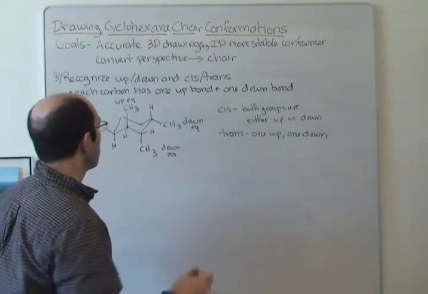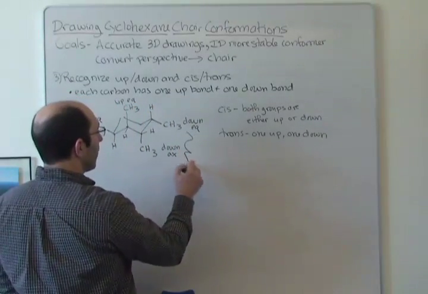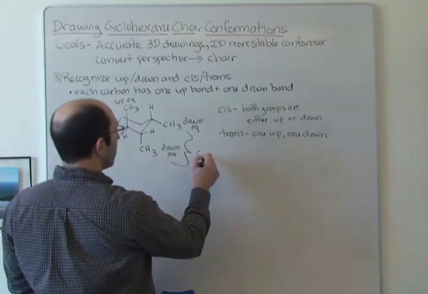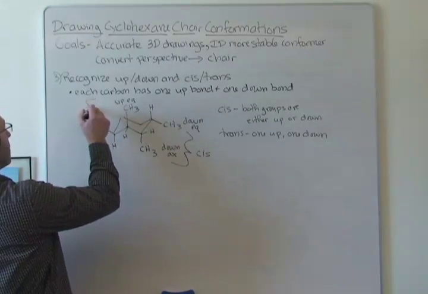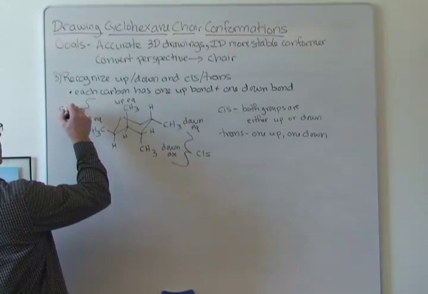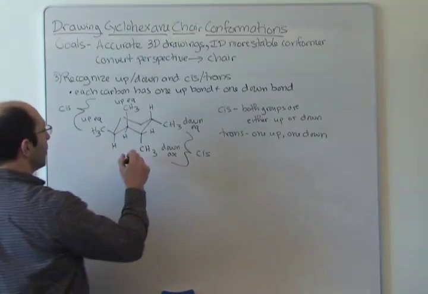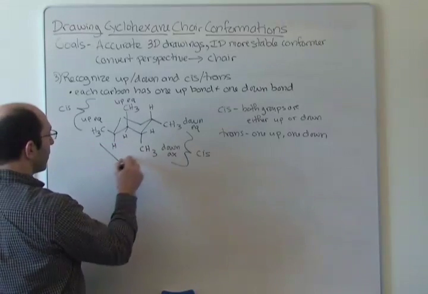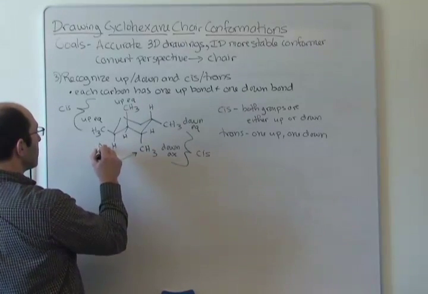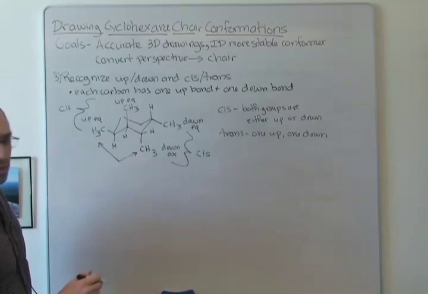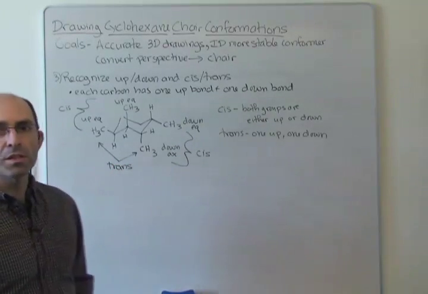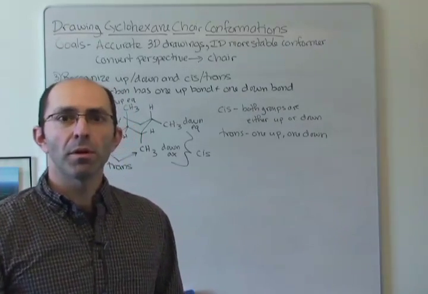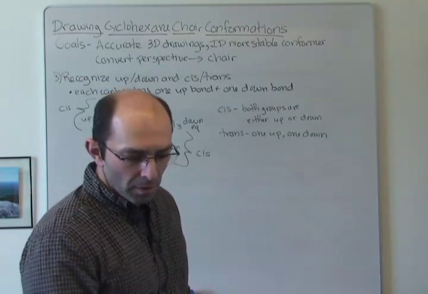If we look at these two methyls, those are both down, those are cis. These two methyls over here, those are both up, those are cis. If we look at those two methyls, we have one up and one down, those are trans. Cis and trans has nothing to do with axial or equatorial. It only has to do with up or down.